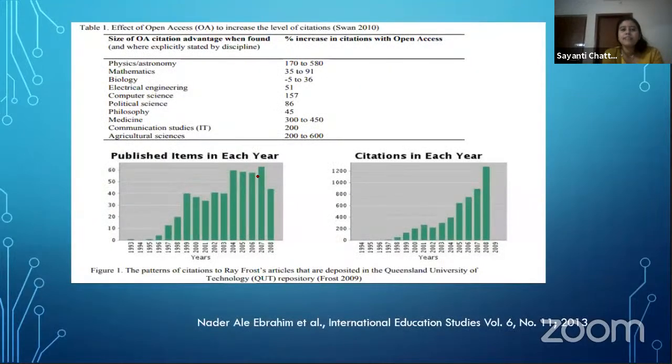One more thing: keep publishing. If you keep publishing your journals, the number of publications grows. One example is International Education Studies, volume 6, from where I have taken this.